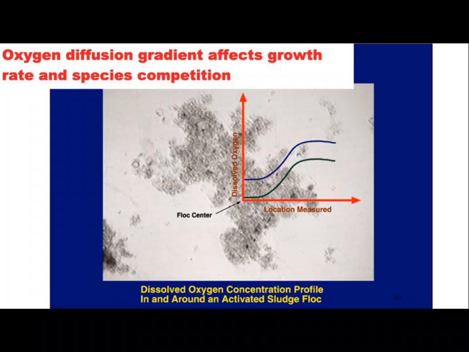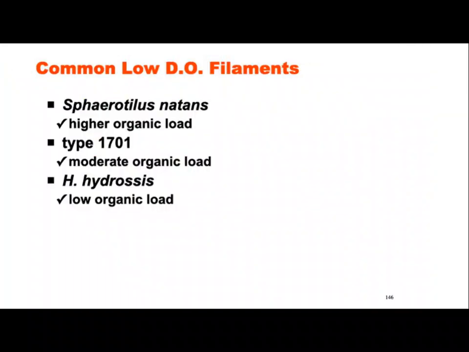And this was hypothesized decades ago out of David Jenkins' shop at Berkeley to propose the means by which certain filaments had a tendency to cause bulking because of low DO, what they called low DO filaments. Sphaerotilus natans being one of those, type 1701 being another. The idea was that the filament, because it's oriented out towards the bulk solution, enjoyed higher DOs, and because of the DO decline as you work into the flock, that it would be a selective pressure for filaments.